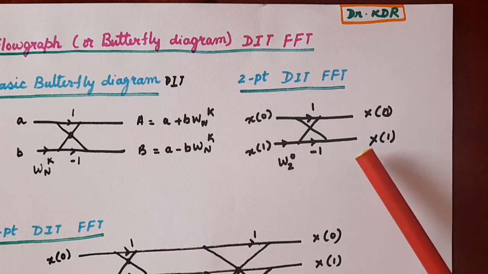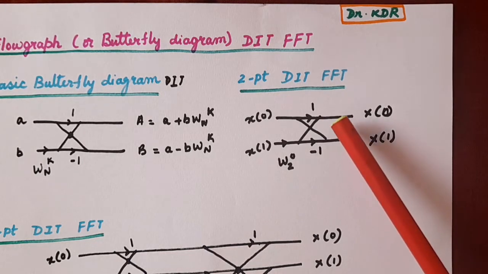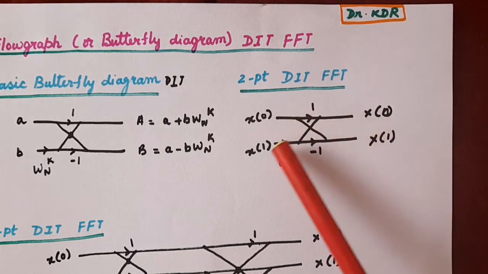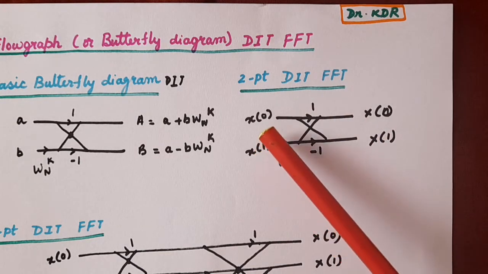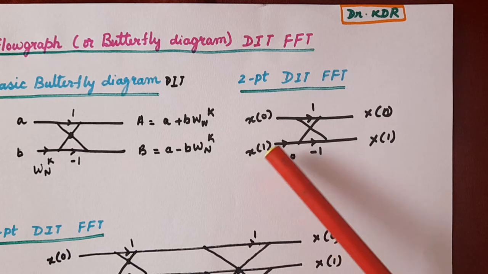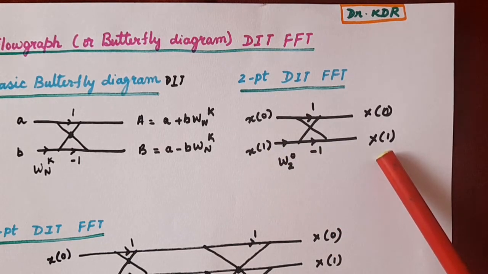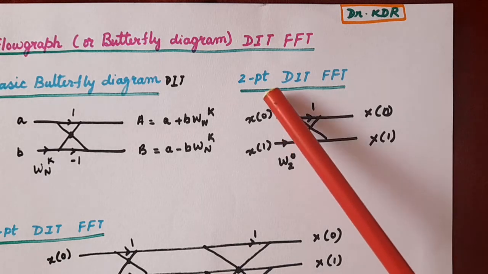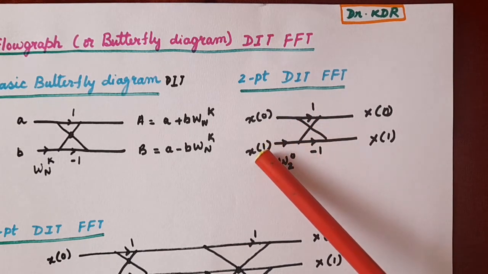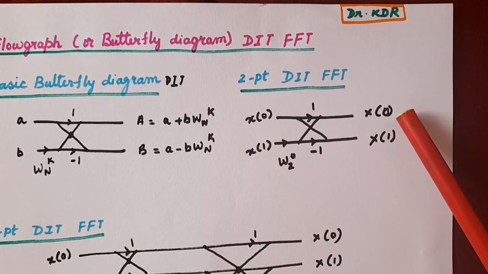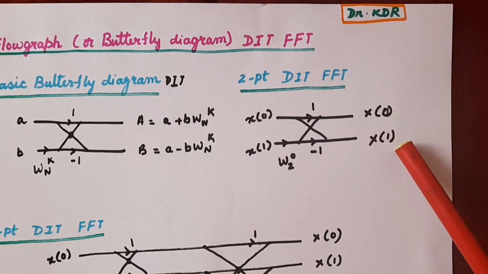Coming to 2-point DIT, you have to draw two lines. The input is written with the notation small x, and output variables are given the notation capital X. So 2-point means two inputs are taken, x of 0, x of 1. The output variables are capital X of 0, capital X of 1.